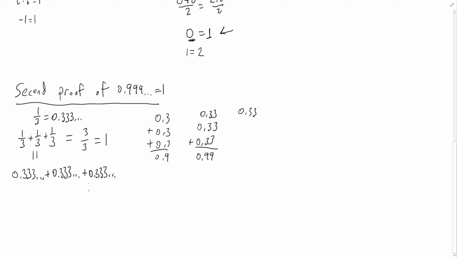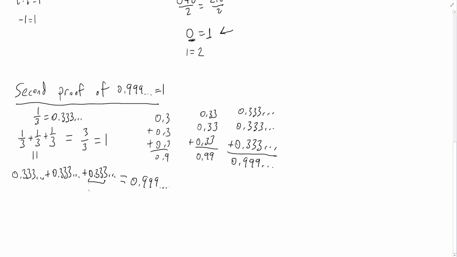Okay, what about these? Well, we should end up with 0.999. Going on however far we go, we never end up with a digit that's not 9. So, this sum of 3 of this thing is equal to 0.999.